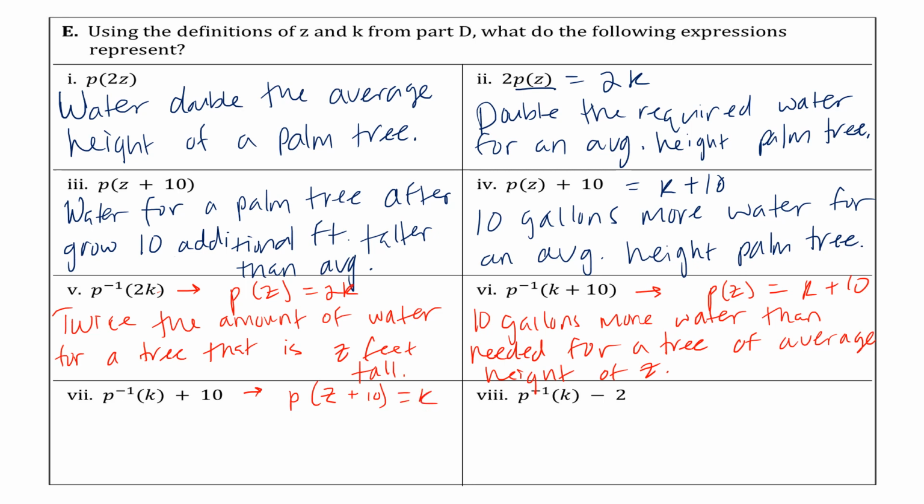Why, yes, we have. And it was the water for a palm tree after 10 additional feet taller than average. Same thing here, but you can word it as differently as you like, but it's pretty much the same.